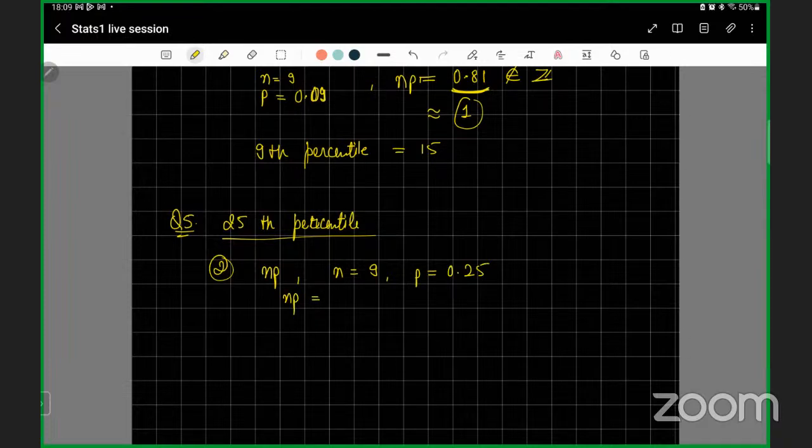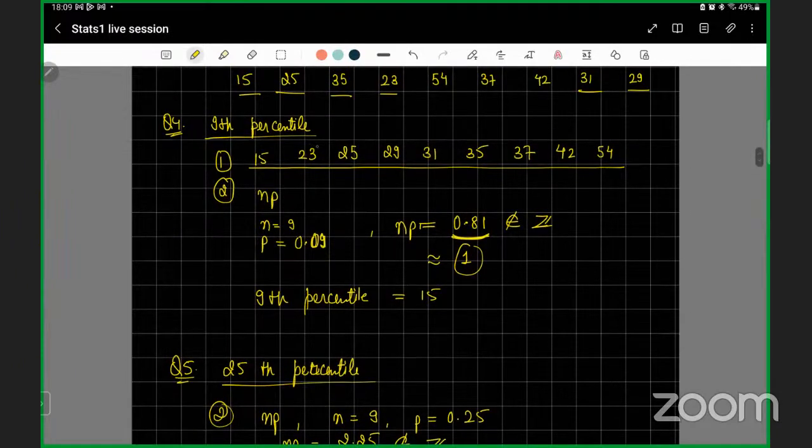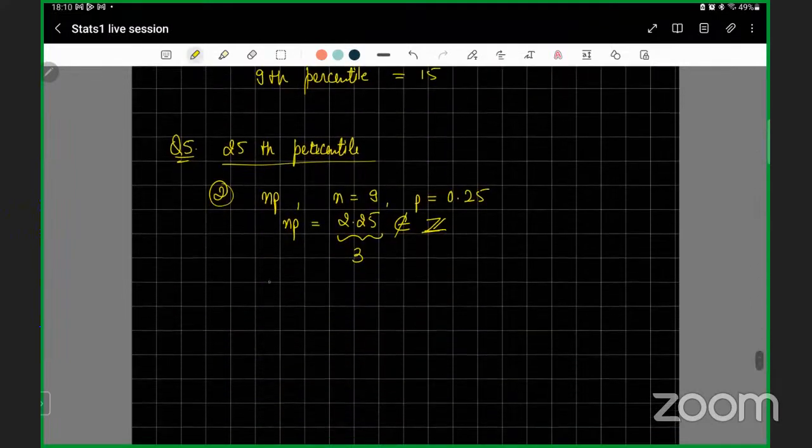It is 2.25. Does it belong to the integers? No, it doesn't belong to Z. So we look for an integer just greater than this value, which is 3. Then you go to the arranged data and look for the third value, that is 25. So the 25th percentile in this case is 25.